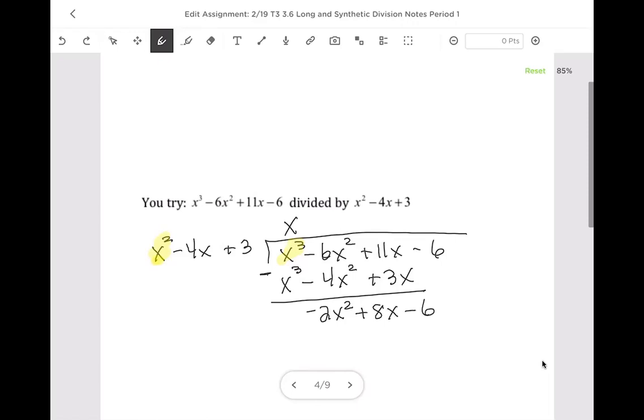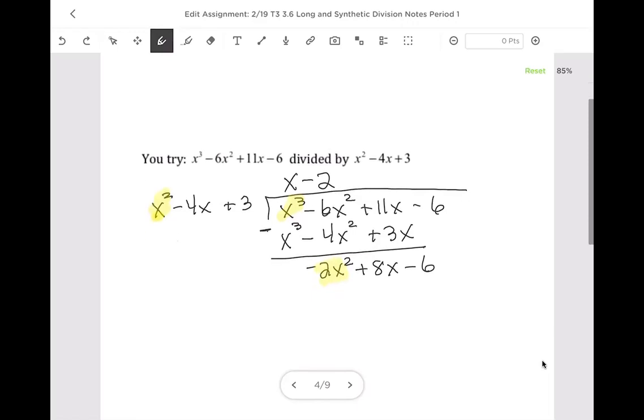Okay. So again, now we're looking at that first term and this first term. So negative 2x squared divided by x squared is minus 2. So that's going to give me negative 2x squared plus 8x minus 6. And now we are subtracting.